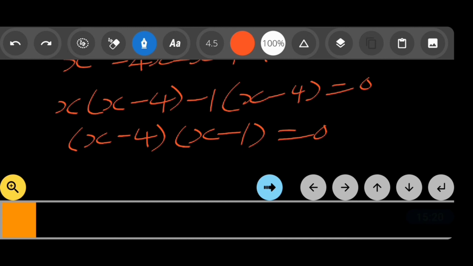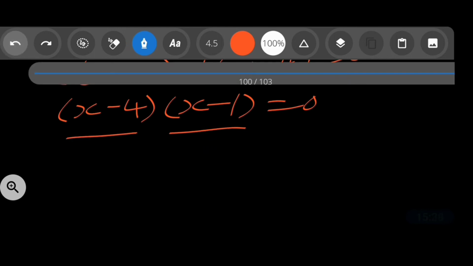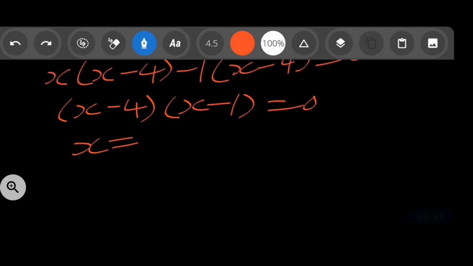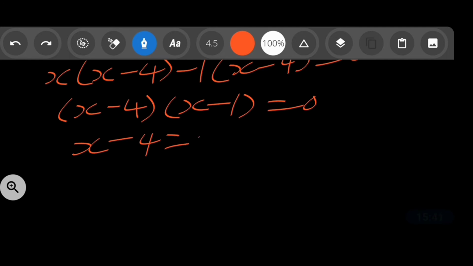Now, for this equation to work, either of these must be equal to 0. So let's do that. If x minus 4 is equal to 0, then this gives us that x is equal to 4.